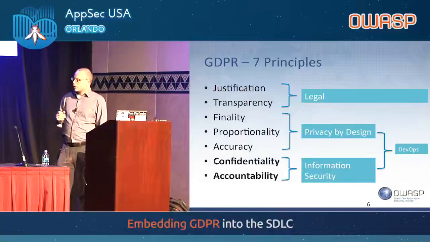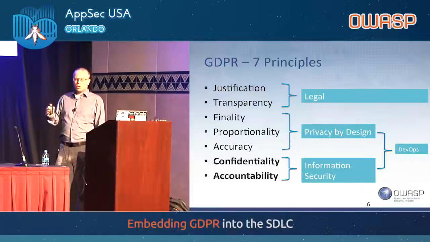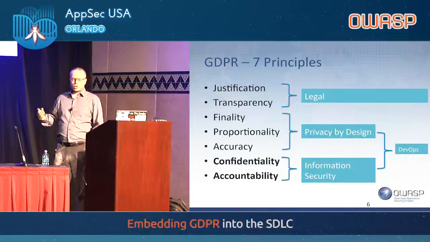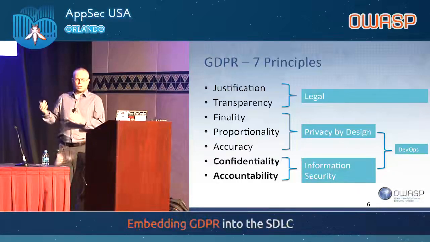There are some other things, and I'm going to take the proportionality principle as an example. The proportionality principle clearly states that when you keep data from people, you can keep only just as much data to achieve the goal that that application or the thing that you're building is meant to do.